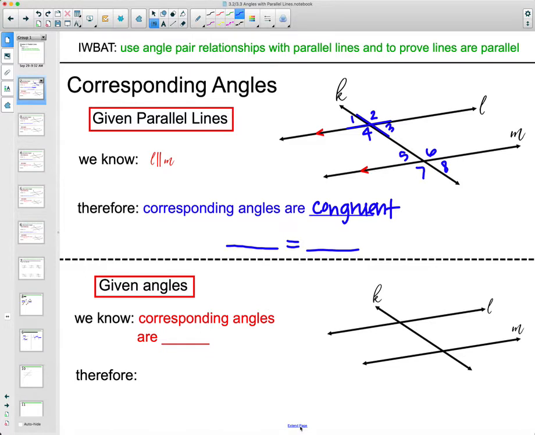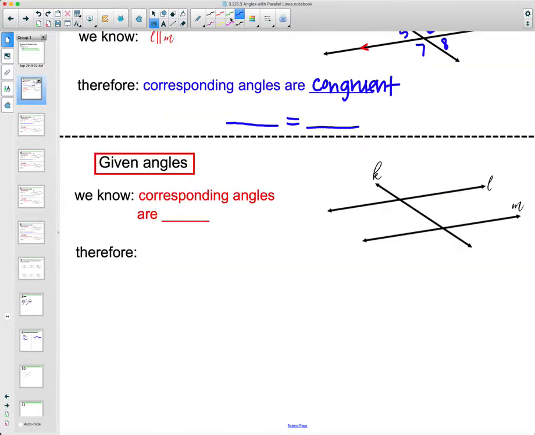So then we're also going to be looking at how to prove that lines are parallel. So if you take a look at this diagram, we don't see any markings on this picture that shows that the lines are parallel to each other. But let's say that we had this angle given to us as 140 and this angle given to us as 140.